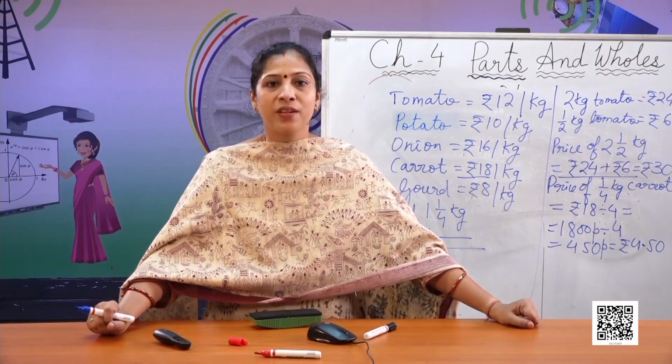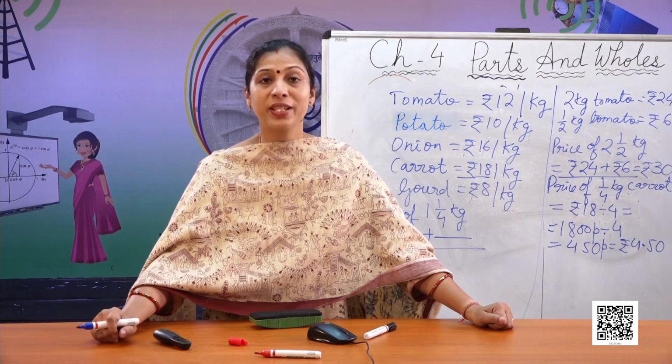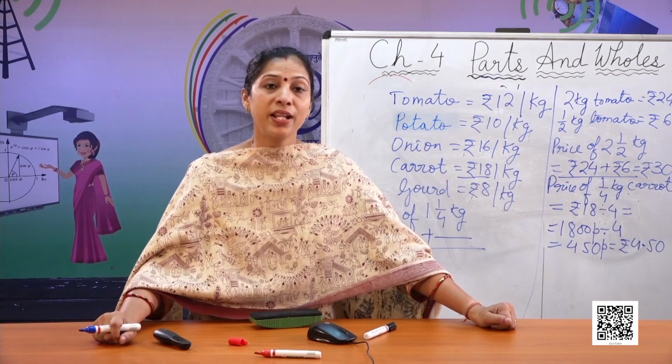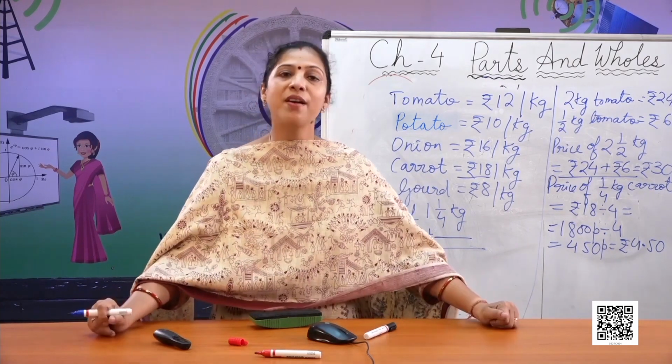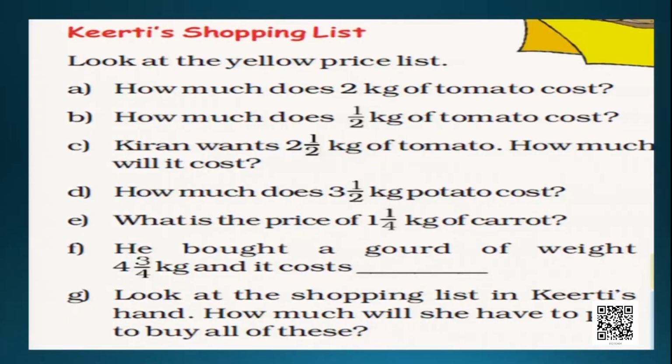Next question, if he bought a good of weight 4 kg and 3/4 kg, for that again children we have to find out what is the price of 3/4 kg. So then we can find out the price of 4 kg and we can add it to get the price of 4 3/4 kg. Now let's look at Kirti's shopping list in her hand and how much she will have to pay to buy the things which her mother wants from her.